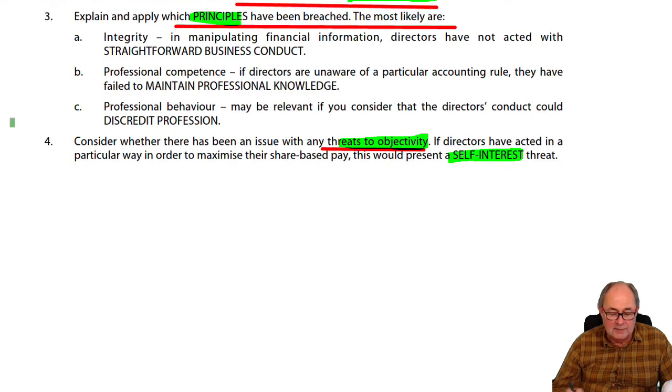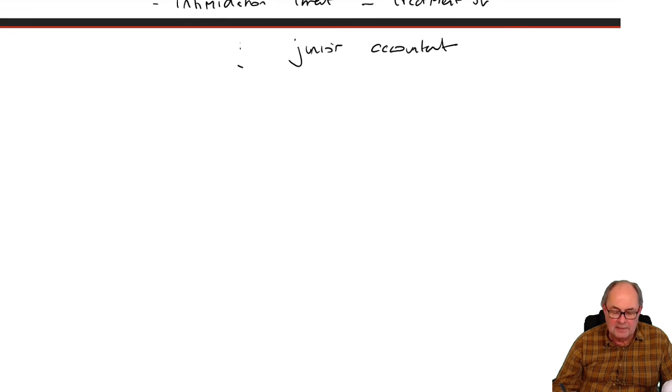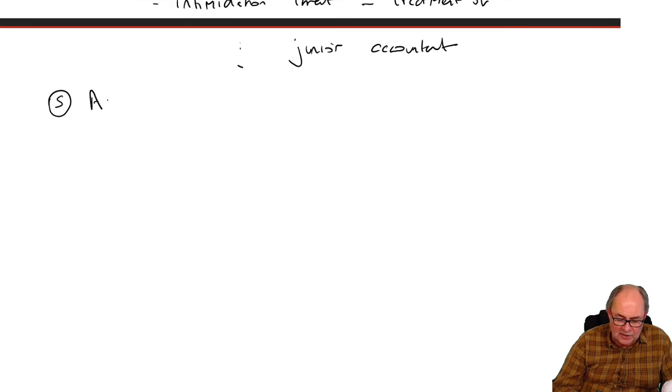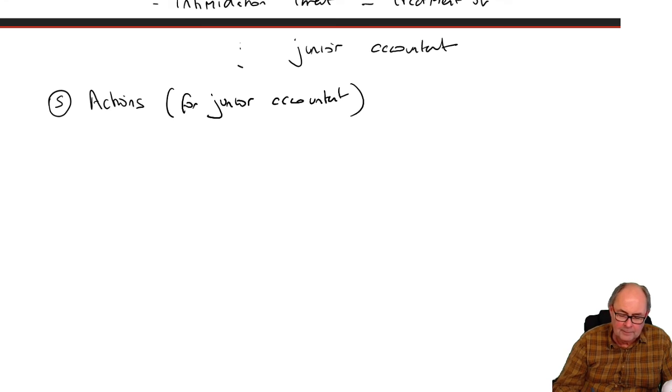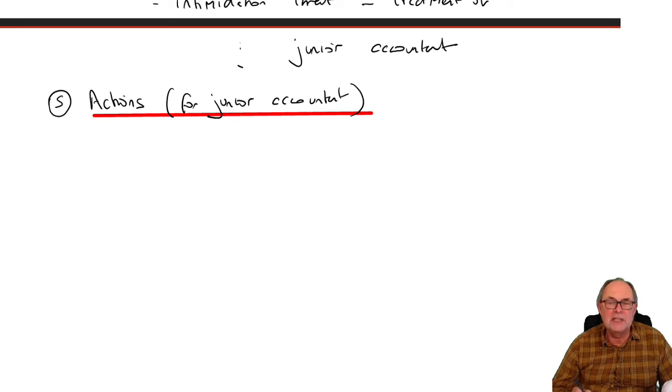And sometimes as well, if relevant, they may ask you about actions. So they may ask you for actions, perhaps for the junior accountant. What should they do? And of course, you would start with internal remedies. So again, maybe they can whistleblow.